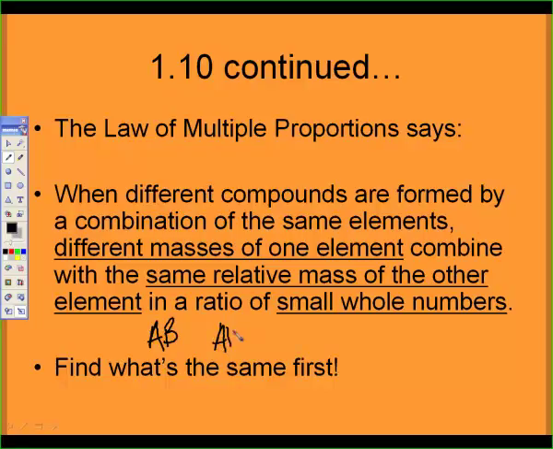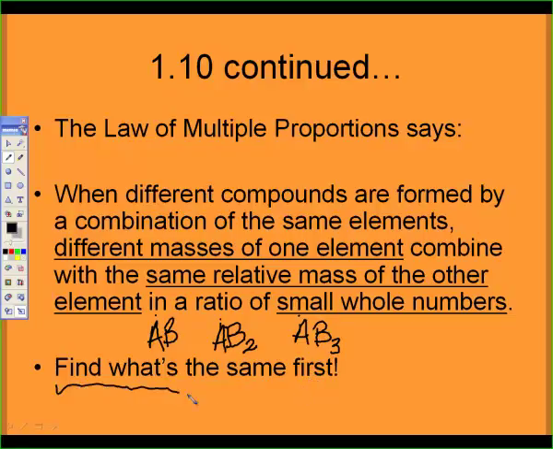Element 1, element 2, compound 2. Element 1, element 2, compound 3. So if the mass of A stays the same, then the mass of B is going to differ by a ratio of a small whole number. It might not be 1 to 2 to 3, but it's going to be some small number.